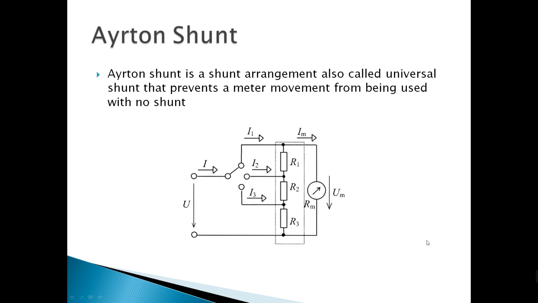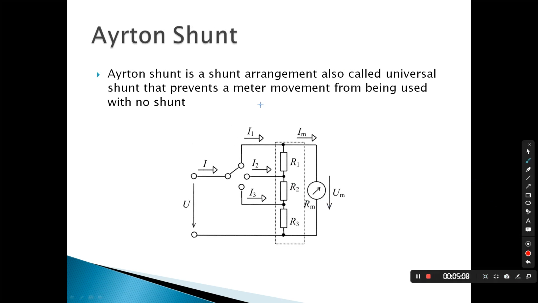Then we have what we call the Ayrton shunt. The Ayrton shunt is a shunt arrangement, which is also called a universal shunt, that prevents a meter movement from being used with no shunt.